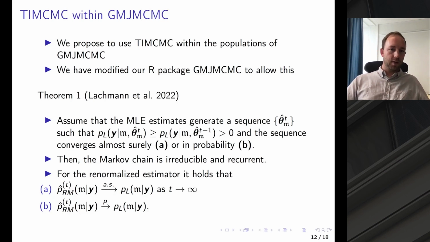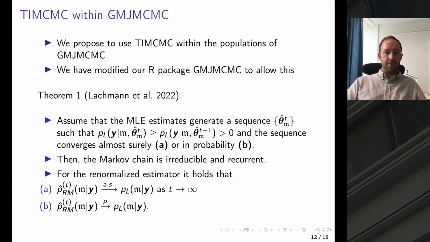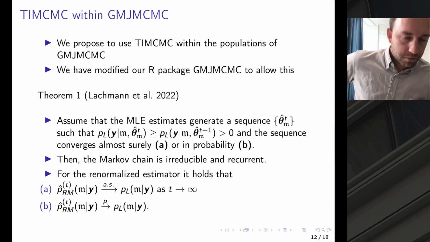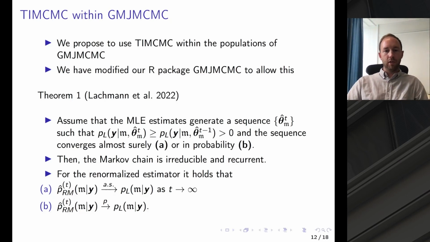We're using something from the previous paper here, theorem 1. Assume that the MLE estimates generate a sequence where a subsequent visit is going to provide a higher or equal probability for a model compared to a previous visit, and the sequence converges either almost surely or in probability.